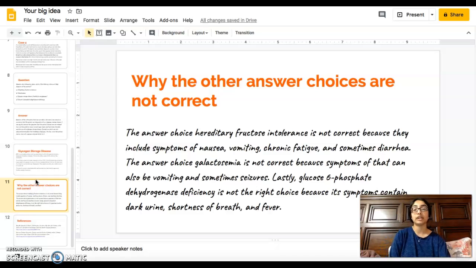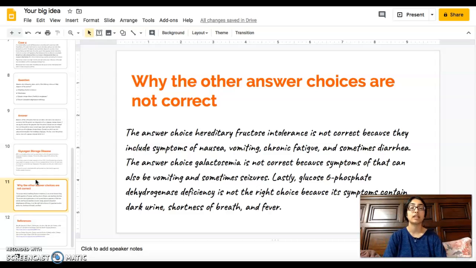Why all the other answer choices were not correct. Hereditary fructose intolerance can't be correct because its symptoms are nausea, vomiting, chronic fatigue, and sometimes diarrhea. The baby did not show any nausea, vomiting, or diarrhea.